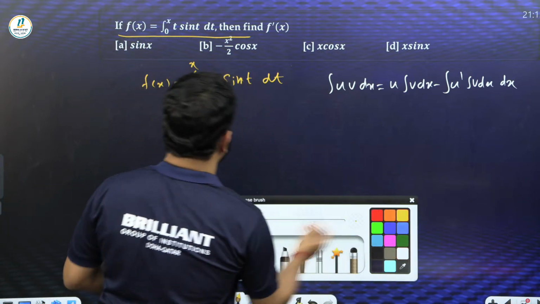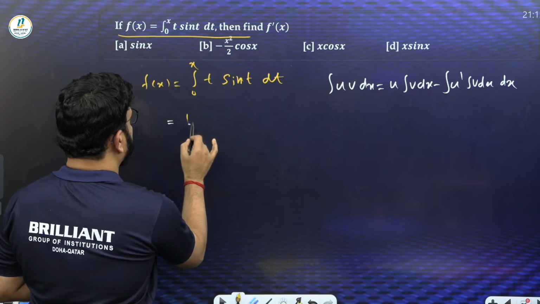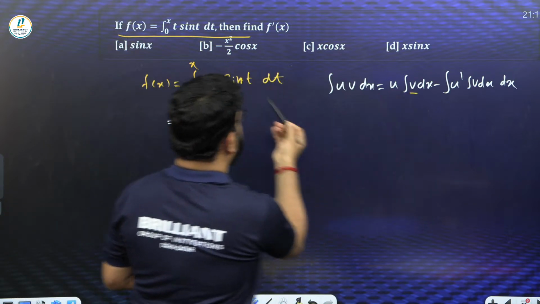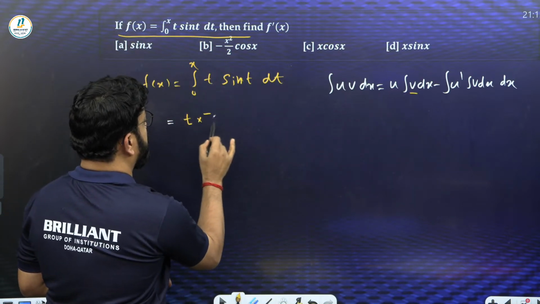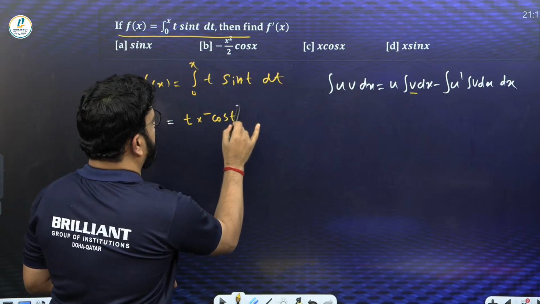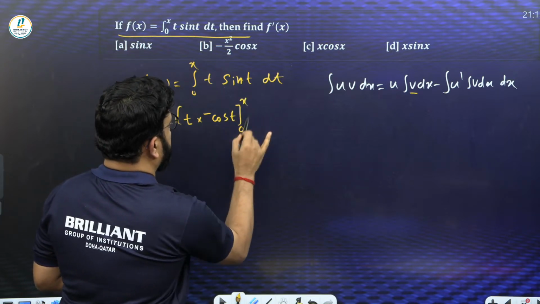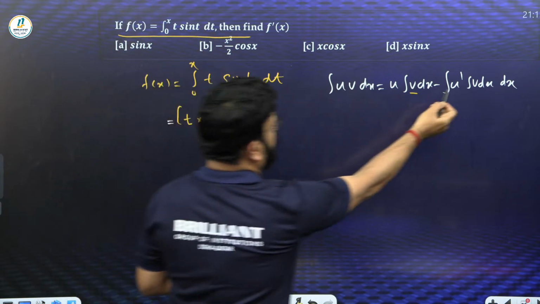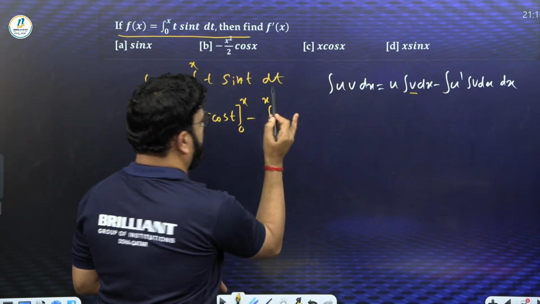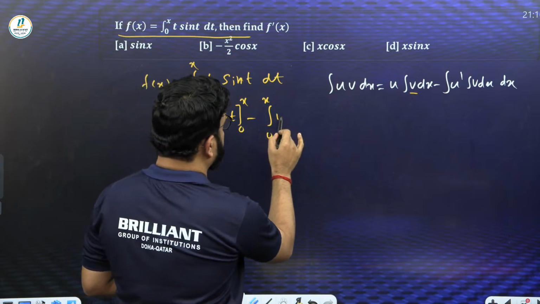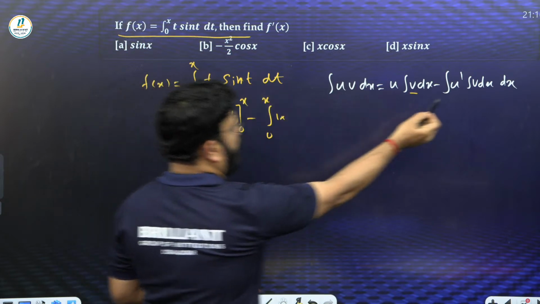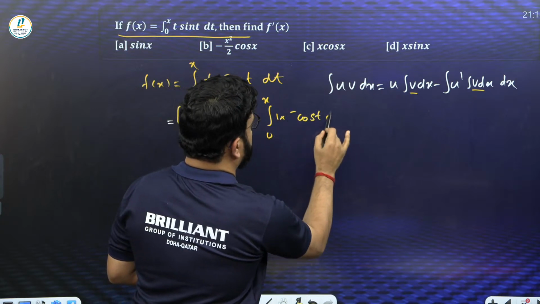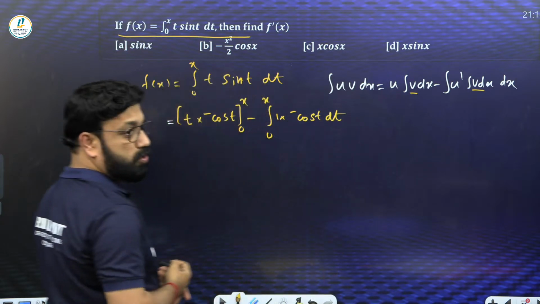U is t. Integral of sine is minus cos t, with limits 0 to x, minus the integral from 0 to x of the derivative of t, which is 1, into the integral of sine t, which is minus cos t dt.